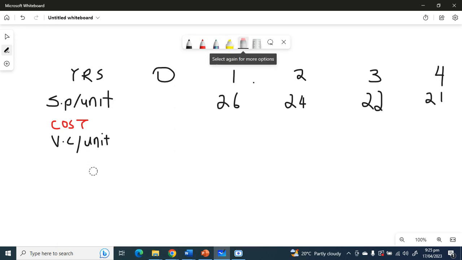Here you make a line, costs. The first variable cost is direct materials, DM.